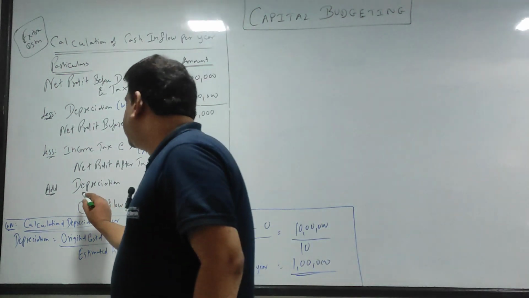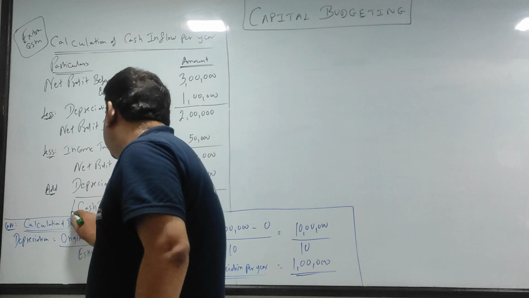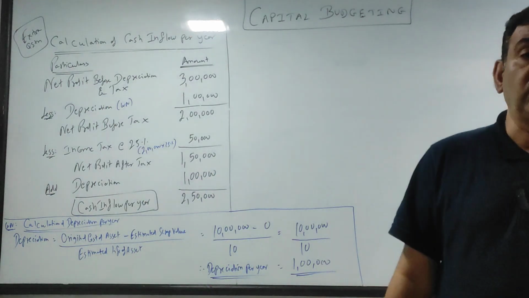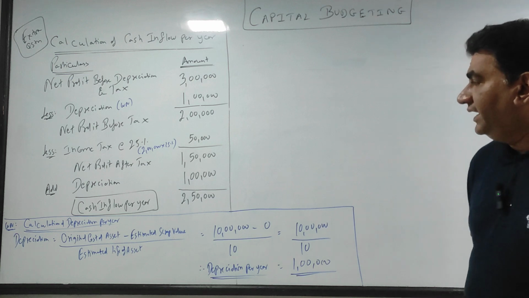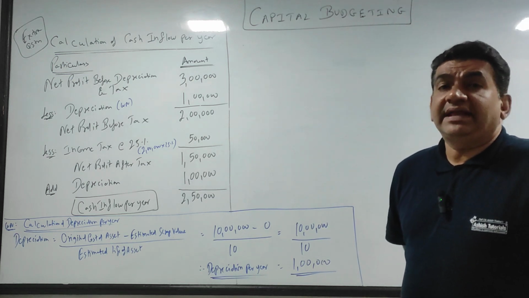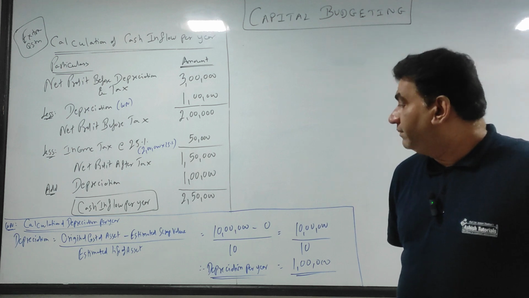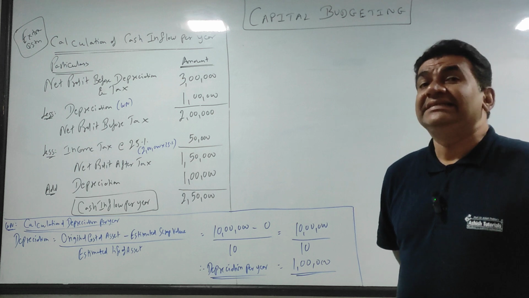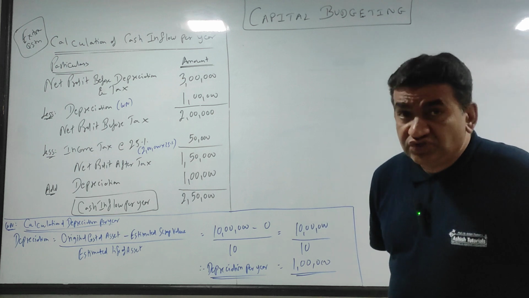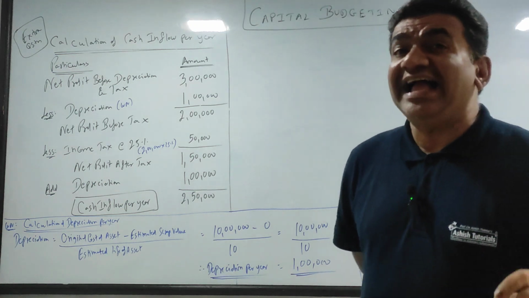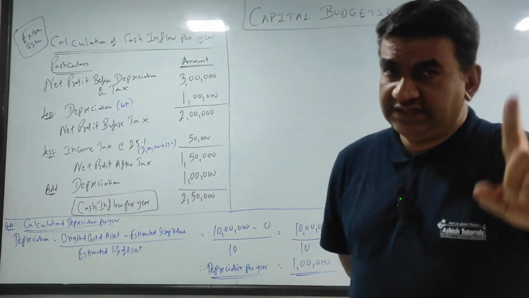So net profit after tax 1,50,000 plus depreciation 1 lakh gives me 2,50,000, which is my cash inflow per year. 2,50,000 is my profit which I have earned in cash.